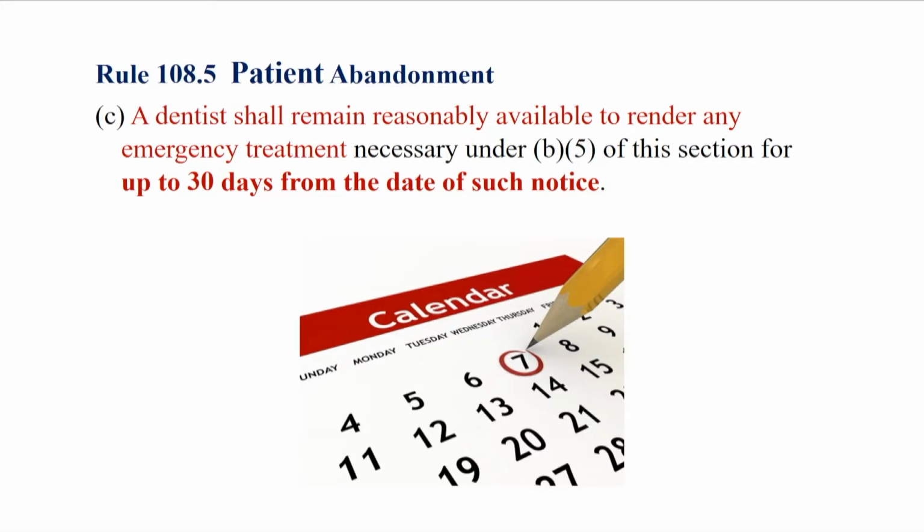If you put your certified mail to the patient in the mailbox or at the post office, let's say according to the image of the calendar on the screen, on the 4th, you can mark your calendar that most likely and legally it will be considered delivered on the 7th. This is important because remember what I said before, that sometimes the green card gets lost or misdirected and may not come back to your office, and all that you have is the little green receipt that you've retained stapled to your copy of the letter in the patient chart.